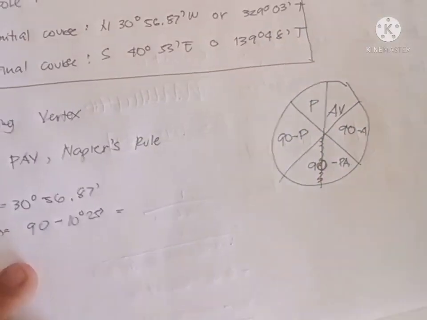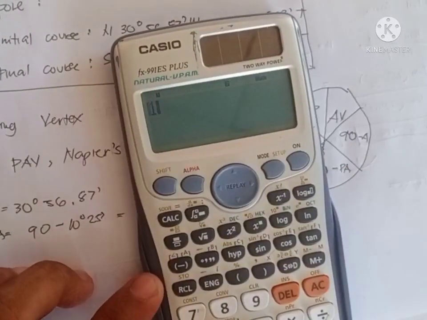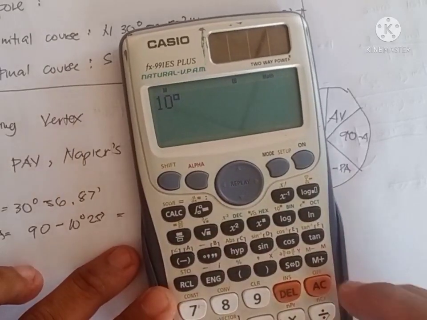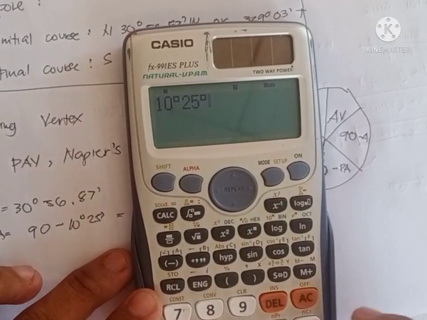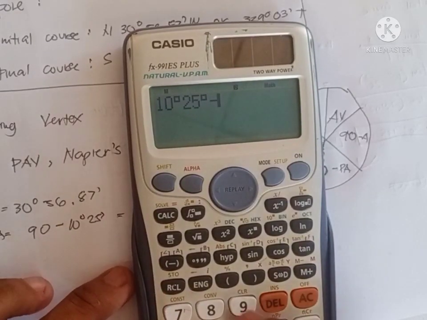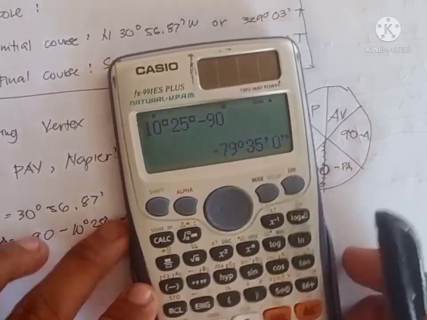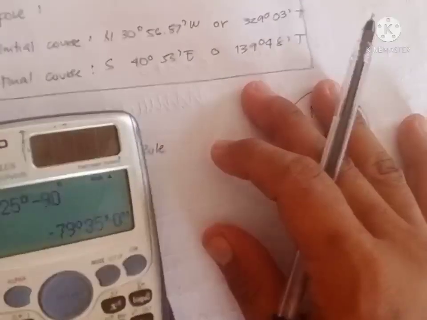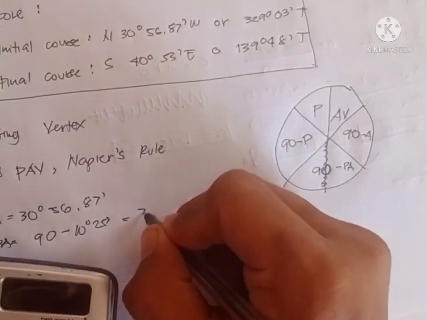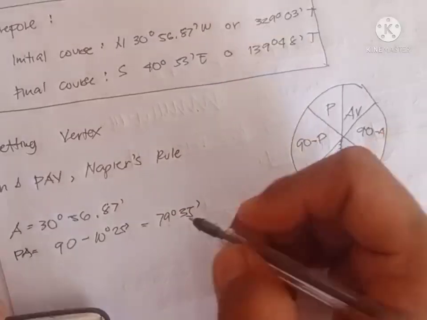So get our calculator. 10 degrees 25 minutes minus 90. So we'll come up to the answer of 79 degrees 35 minutes.